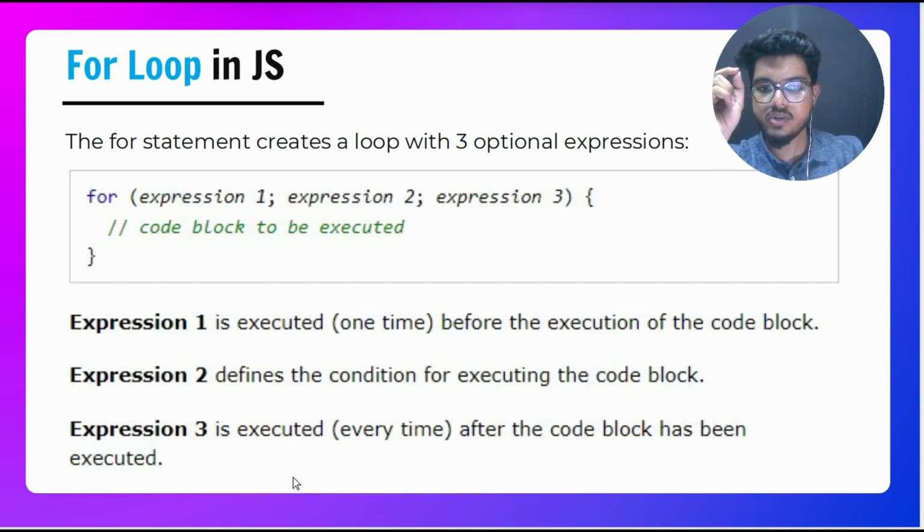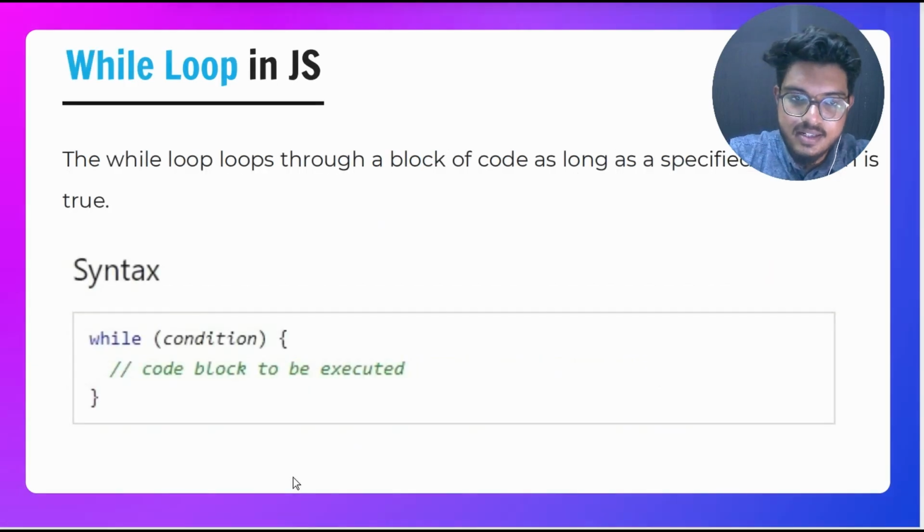In expression 1, we'll write some condition or expression. Inside those curly braces, we'll write the block of code. Expression 1 is executed one time before the execution of the code block. Expression 2 defines the condition for executing the block. Expression 3 is executed every time after the code block has been executed. What is this? Aren't you able to understand? Let's see the example of this.